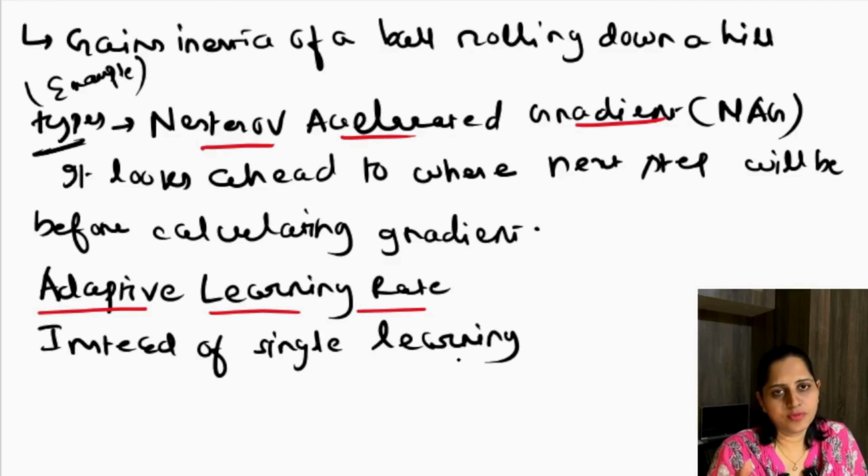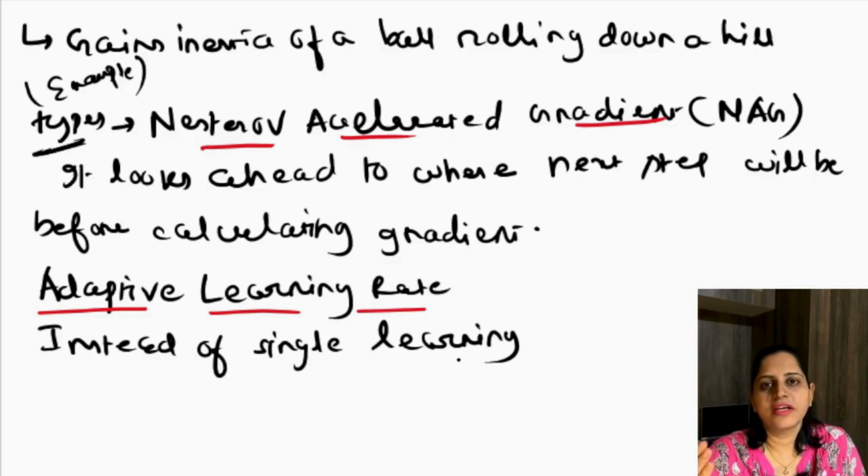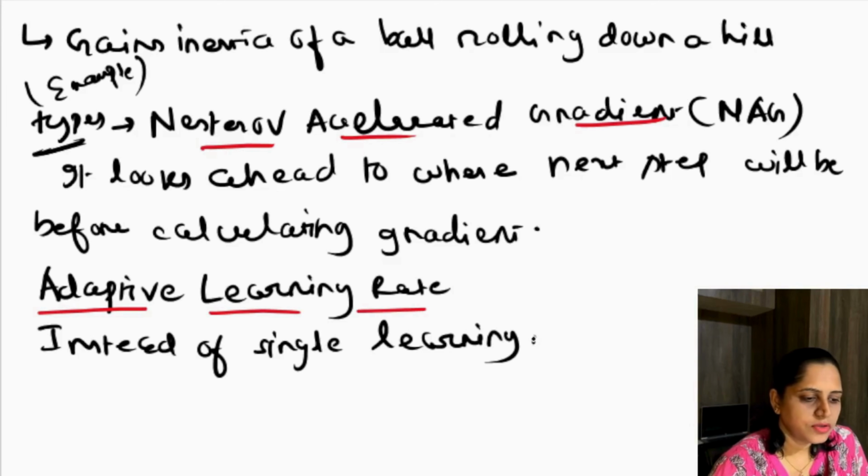Either we can use 0.1 or 0.5, which we have used till now. 0.1 is the most frequently used, because that makes your learning process good, because you want your model to learn things. Most of the time, till now, we have used a single learning rate as a whole.